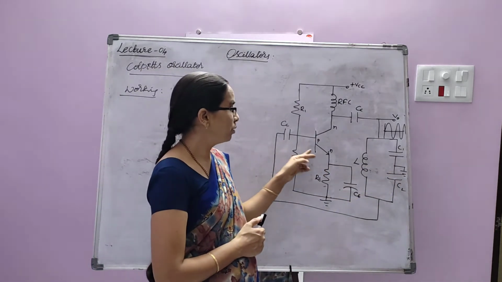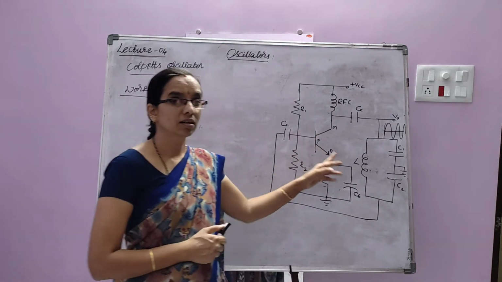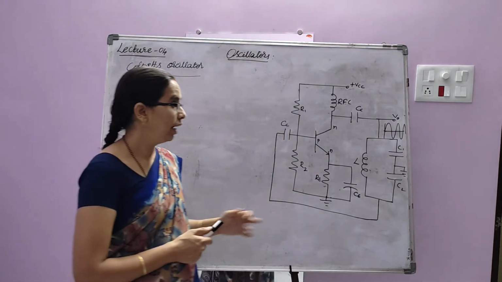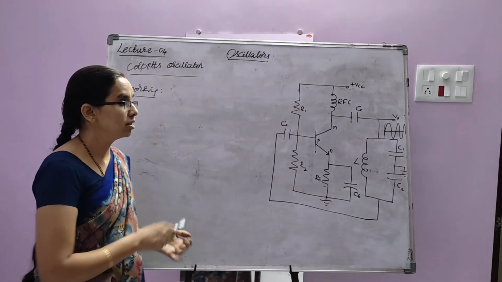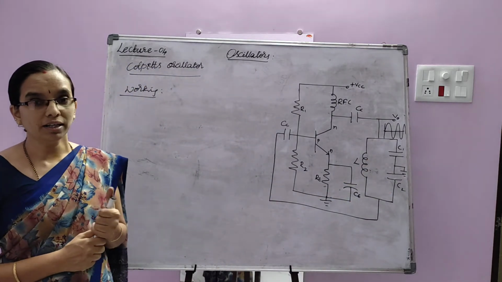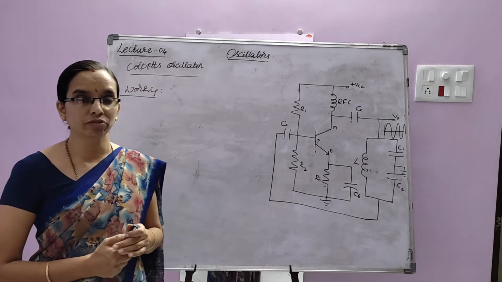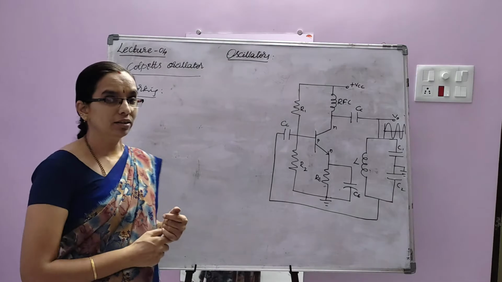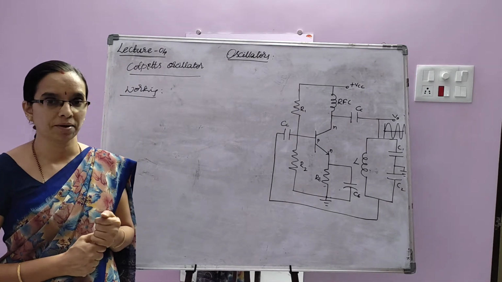Because it is a CE amplifier, it provides a 180 degree phase shift, and the potential across C2, that is the feedback circuit, provides another 180 degree phase shift. By that, a total of 360 degree phase shift we will get for the oscillator to produce sustained oscillations.